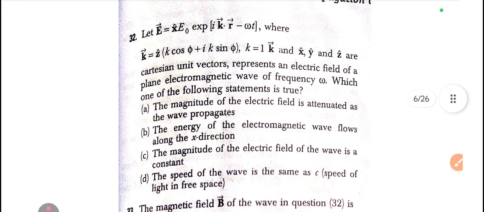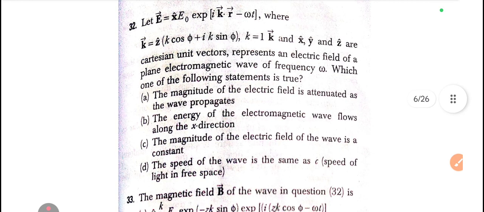And the next question is given wave and the direction of propagation. Which of the following statement is true?